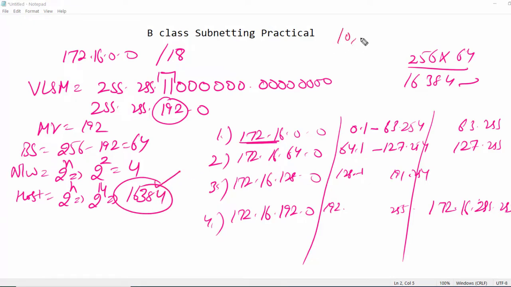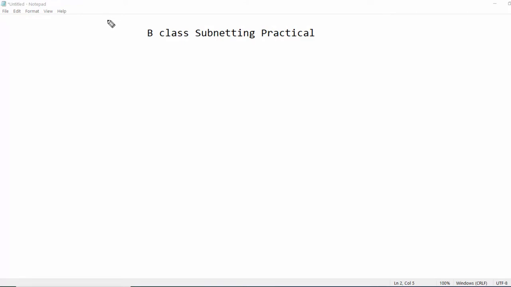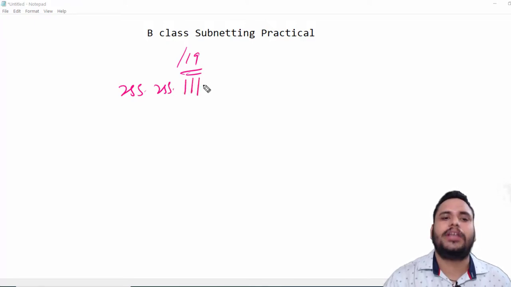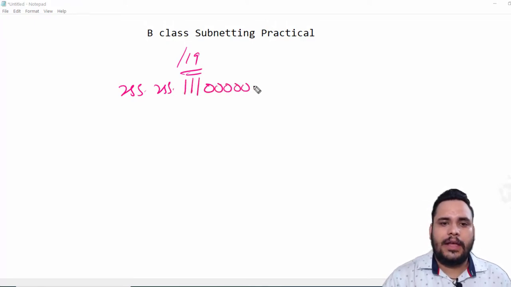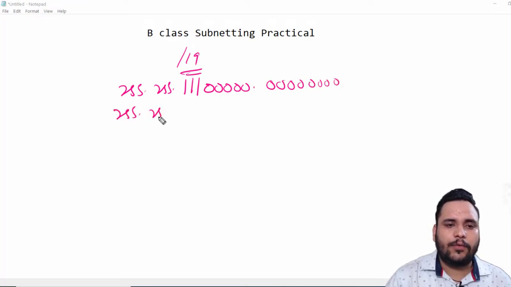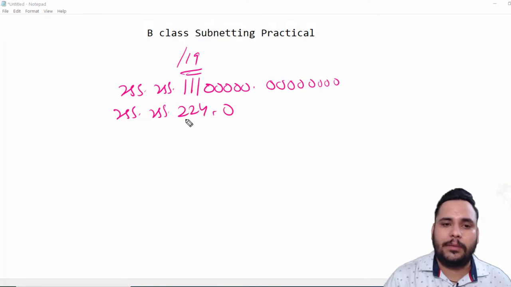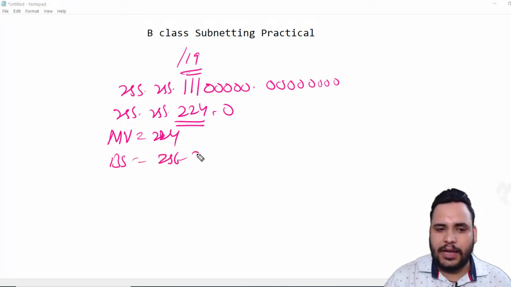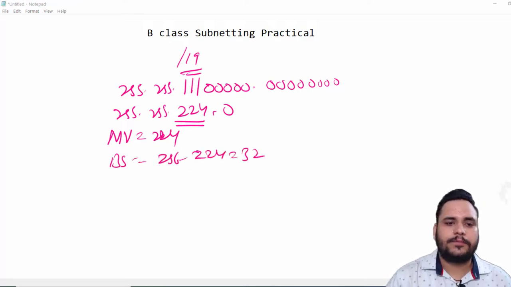So yes, I can use 10,000 IP addresses in this subnet mask. If I use another part of subnetting like /19, in /19 3 bits are on, so 255.255.224.0 will be there. This is your magic value, and your block size value is 32.